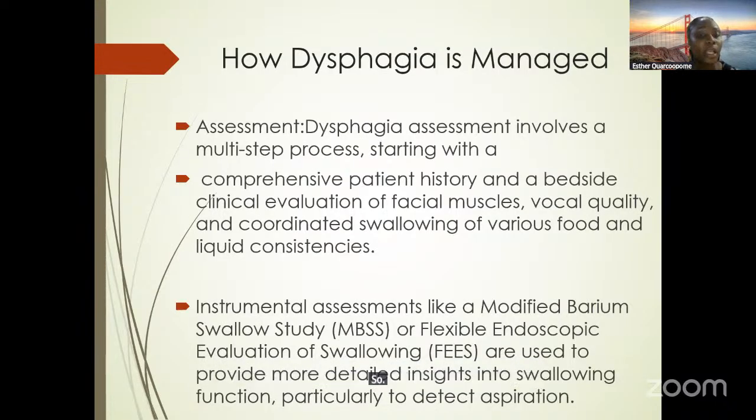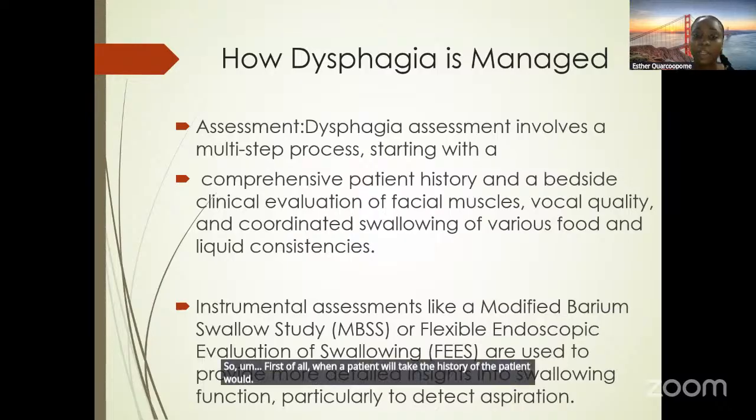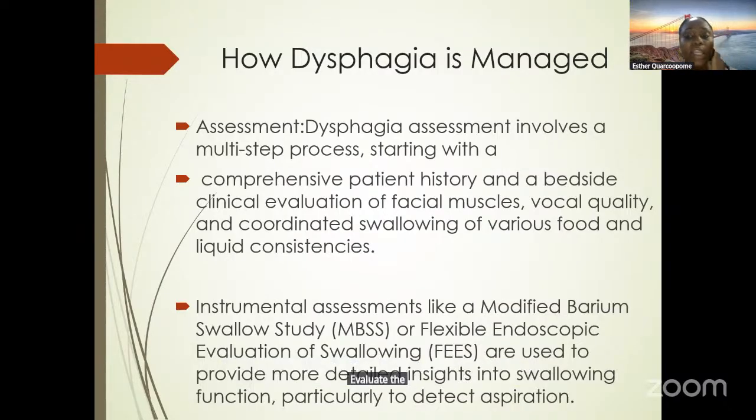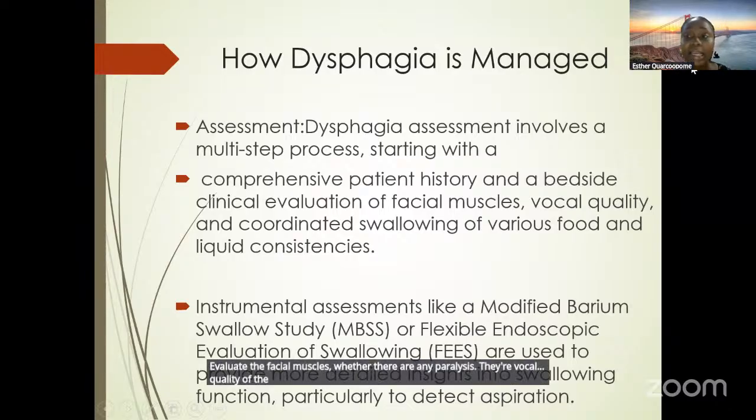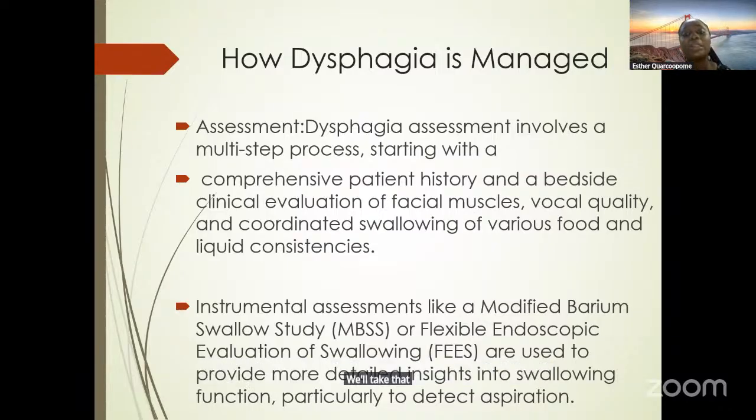First of all, we take the history of the patient and evaluate the facial muscles, whether there is any paralysis, and the vocal quality of the person. Like I said, one of the symptoms is that the person has a wet and raspy voice. We'll check whether the person is swallowing well.